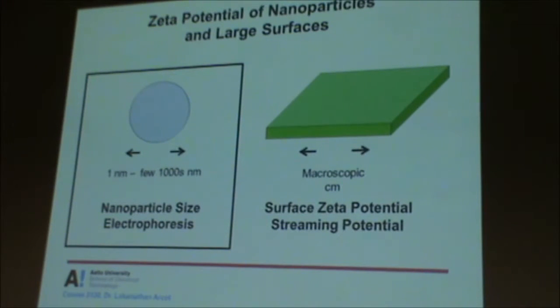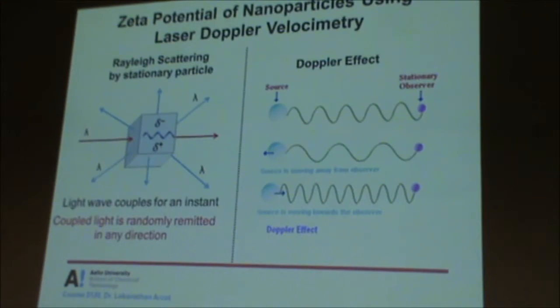We are going to use the property of electrophoresis to get an idea of the surface potential of nanoparticles. Later we'll use streaming potential to find the surface potential of huge surfaces.